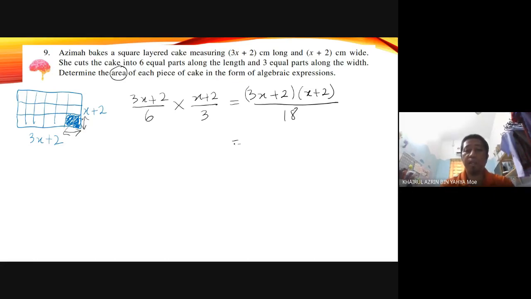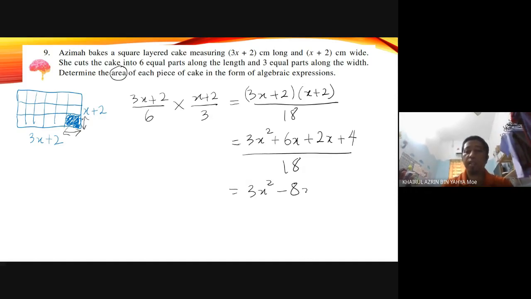And then we expand. 3x times x is 3x squared. 3x times 2 equal to 6x, 2x. 2 times 2, 4 over 18. And don't forget to simplify. 6x plus 2x, 8x plus 4 divide 18. So this is the answer for question number 9.